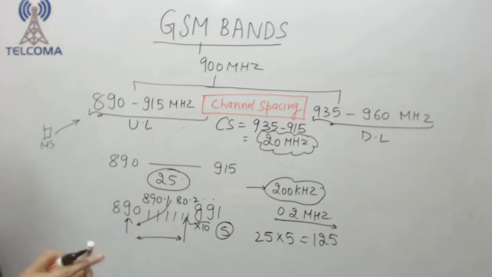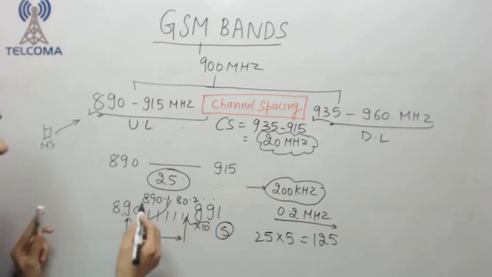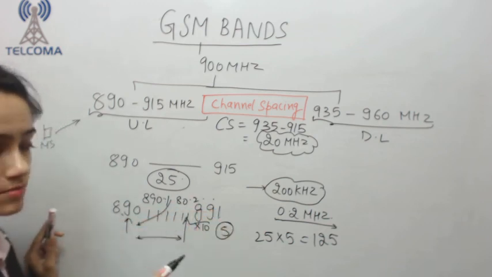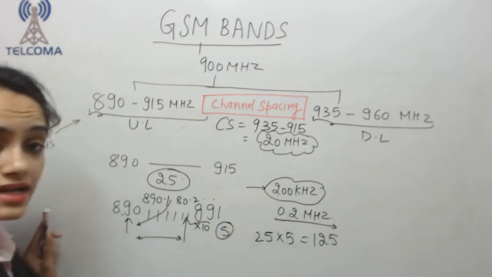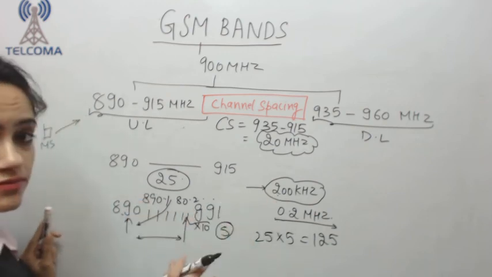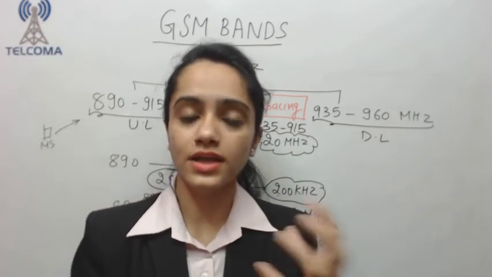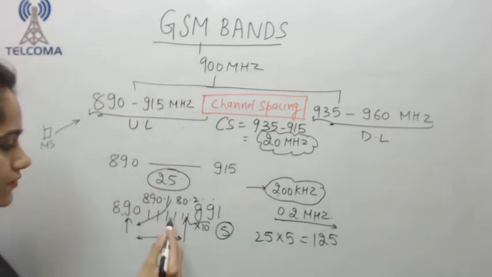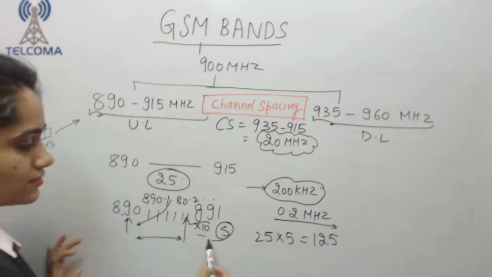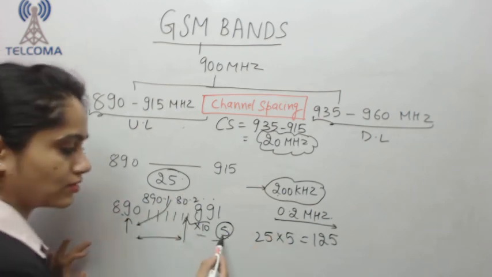Again, let me clarify. From 890 to 891 we have 10 divisions in FDMA, but we need to provide a space between the carriers so that carriers will not interfere with one another, because in FDMA we have to take care of interference the most. So we have 10, but after spacing we are left with only 5.